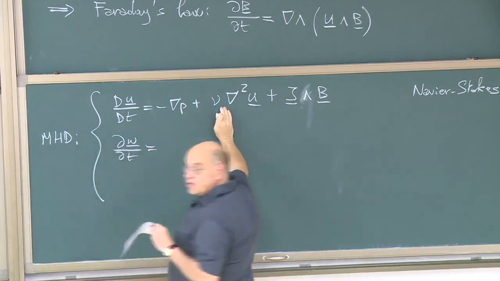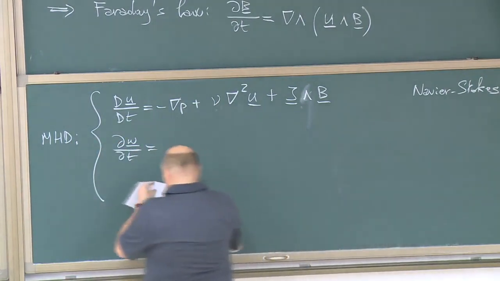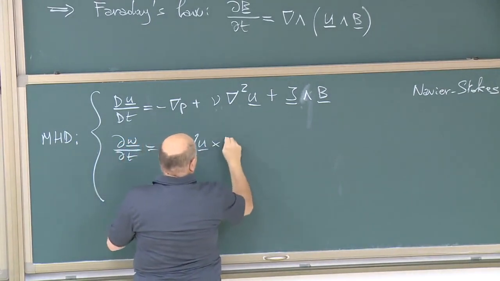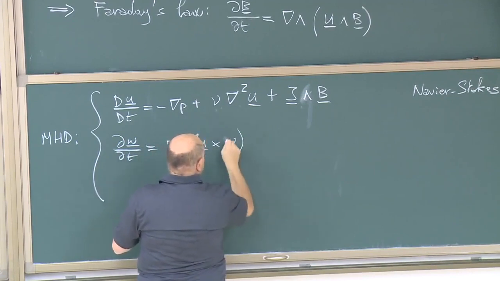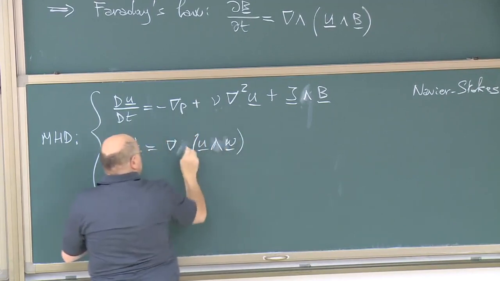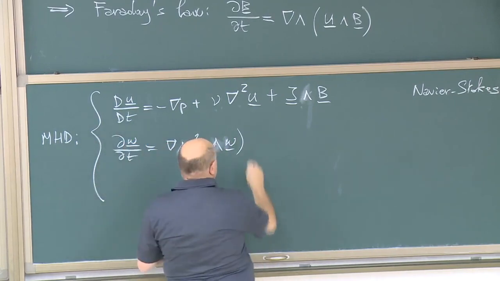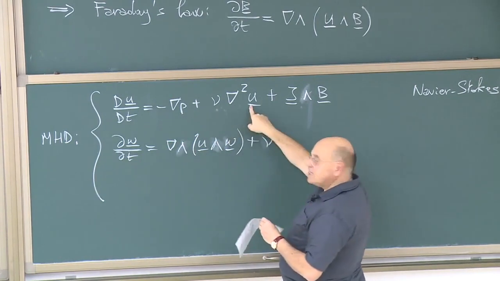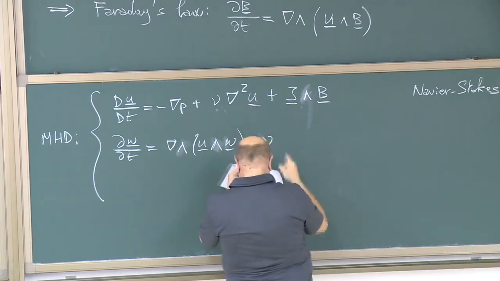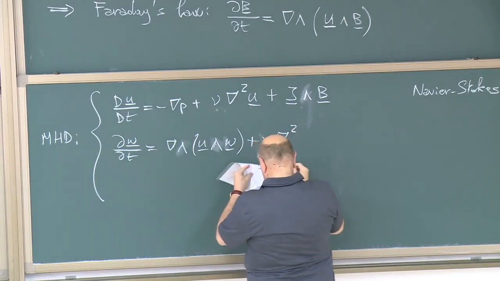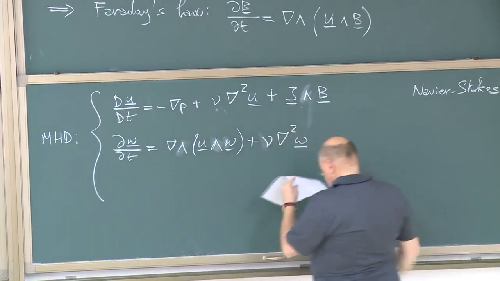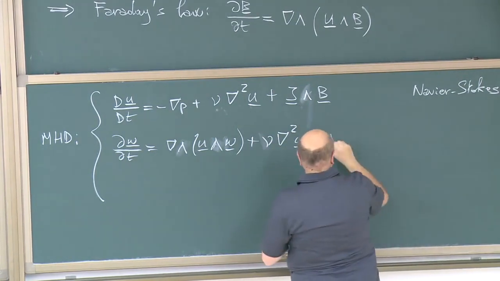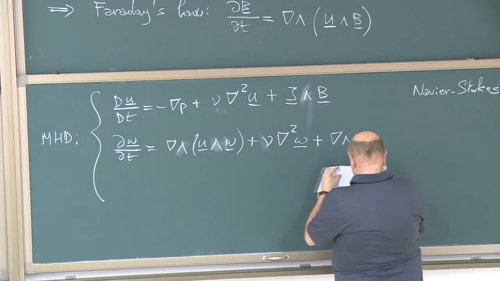But I also have to take care of the viscosity terms now. So this would be the curl of u cross omega, plus the same viscosity here, the second gradients come here, del squared omega, and then I have to curl basically the contribution from u, so this is curl of J cross B.